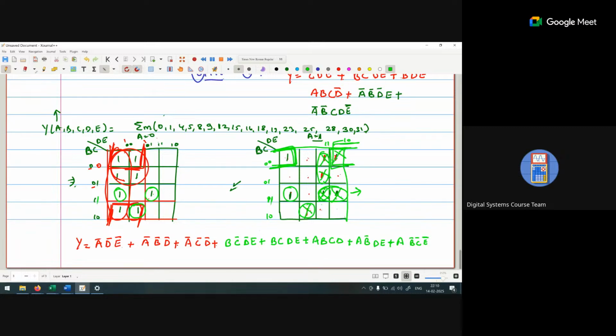So now this one is covered, this one is covered. Remaining one term will overlap with this. So again, B, C, D bar, E bar. So these groups are created, and these terms are available in this equation.